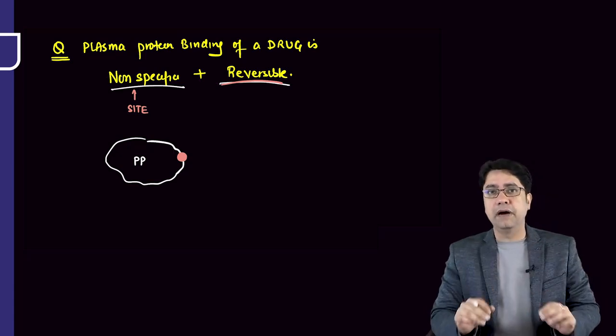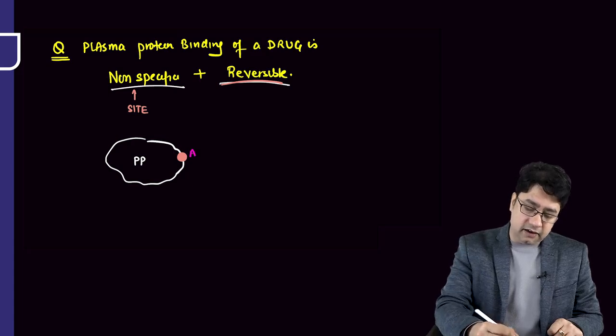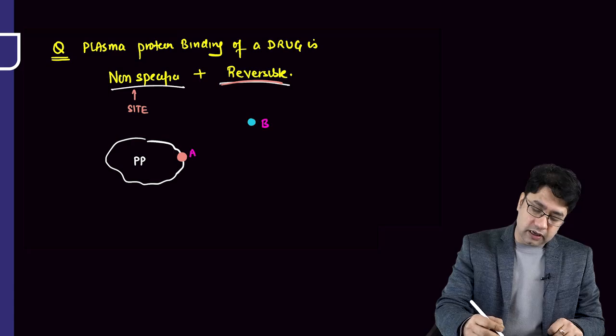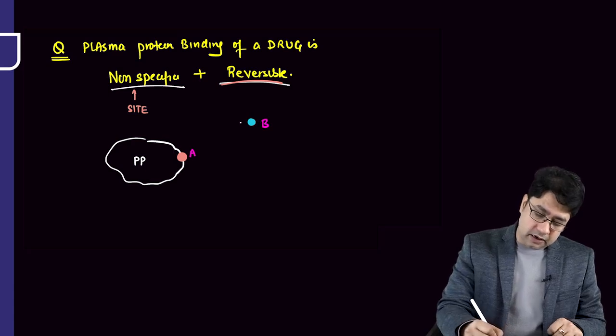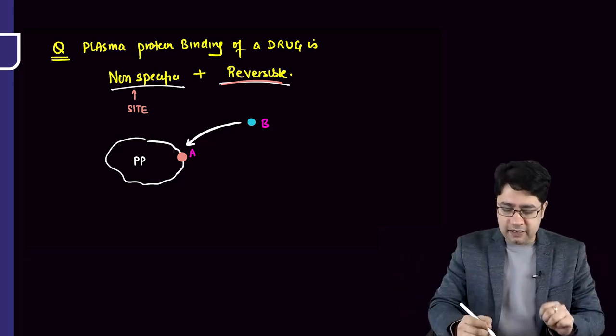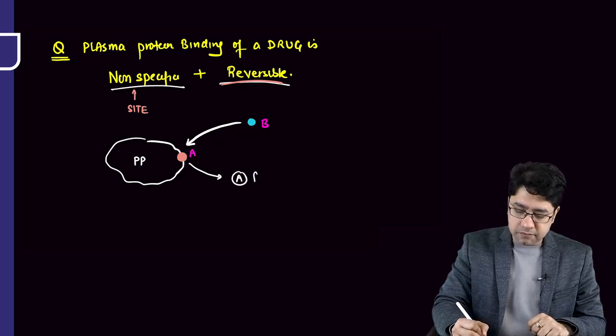Now, because the binding of a drug is reversible, if I give another drug, let's say drug B, don't you think this drug B can displace this drug A? So this drug A will become free.